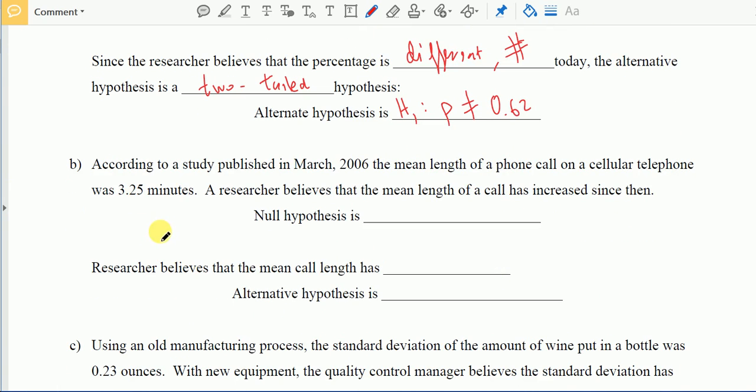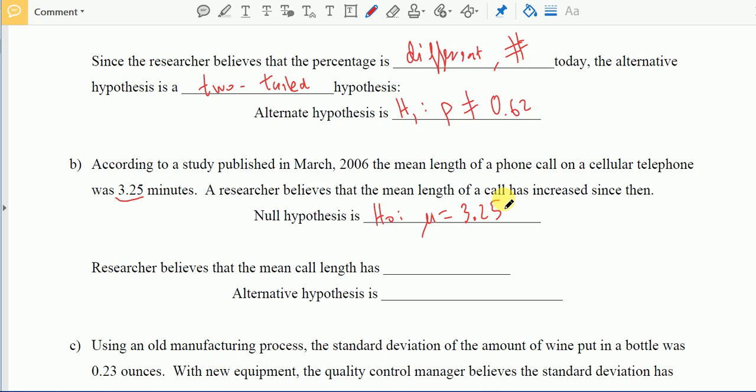Next one. According to a study published in March 2006, the mean length of a phone call on a cellular phone was 3.25. A researcher believed that the mean length of the call has increased since then. So the null hypothesis is the existing, given data: the mean mu is 3.25.